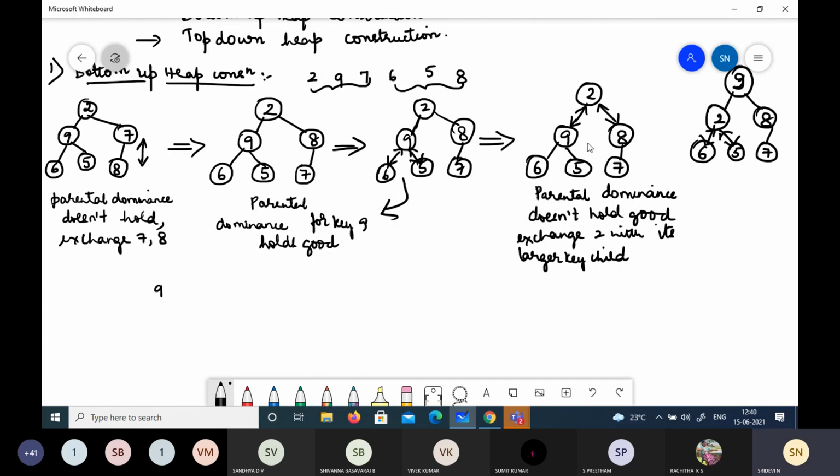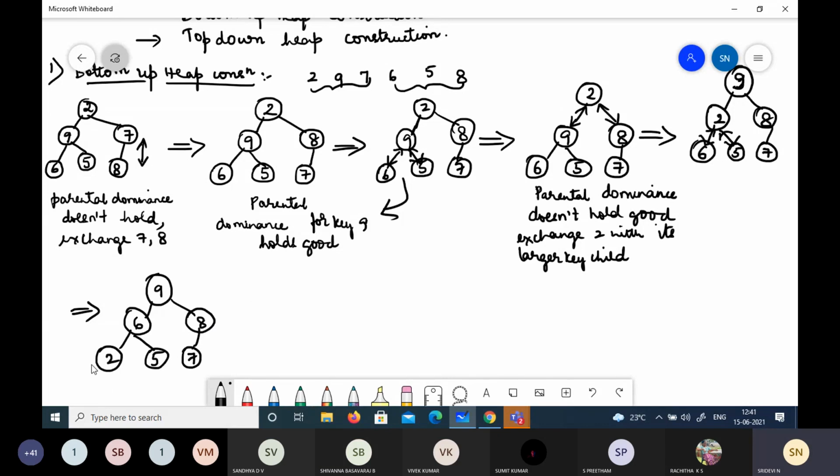This resulted with this, resulted with this, and here I am writing the next one. 9. With what should I exchange now? 2 with which value? 6. Yes, because this is the larger value. 2, 5, and 7. After exchanging, we should check.